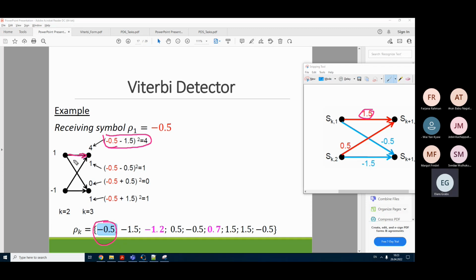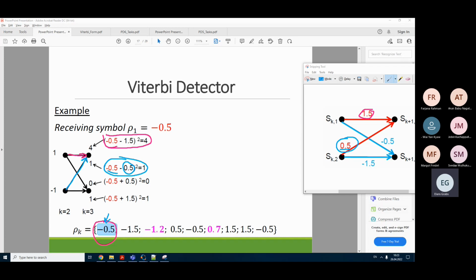Next transition is this transition, and accordingly it has 0.5. So we have minus 0.5 our data, and here we subtract this value, square it, and find the metric.